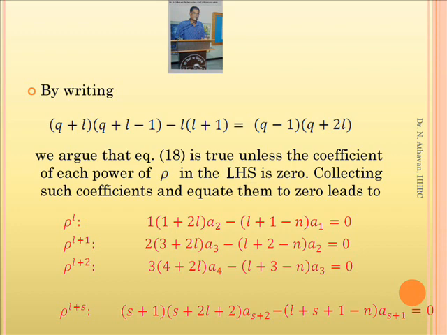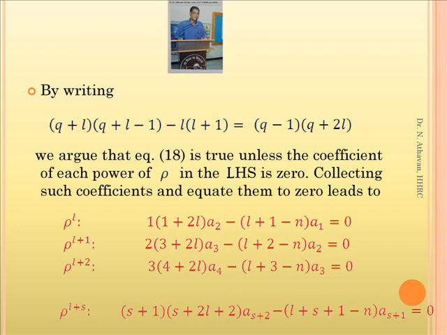This is the usual procedure. Collecting such coefficients and equating them to 0 leads to the following equations. So the rho power l coefficient is 1 into 1 plus 2l into a2 minus l plus 1 minus n into a1, which is equal to 0 as per the condition.